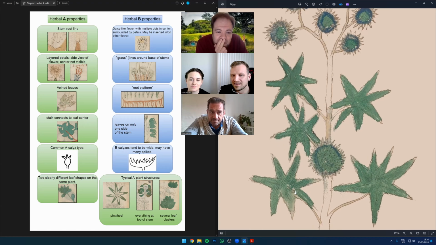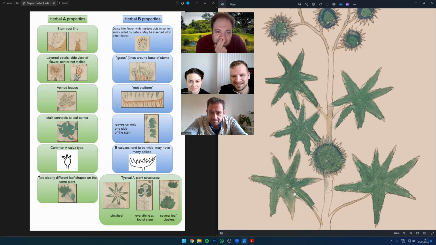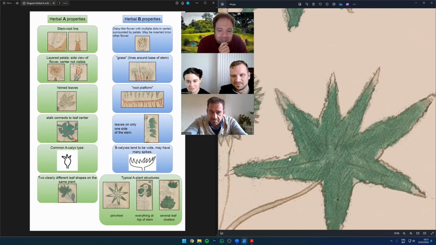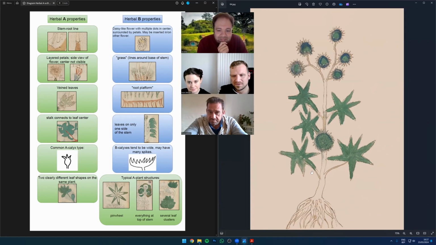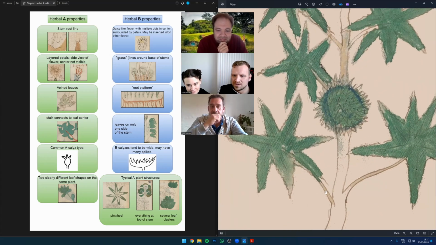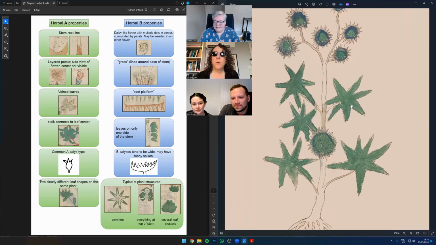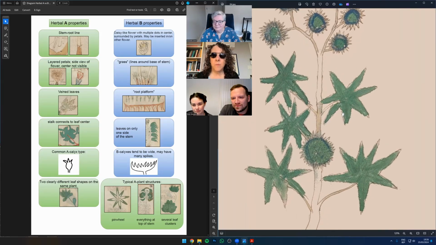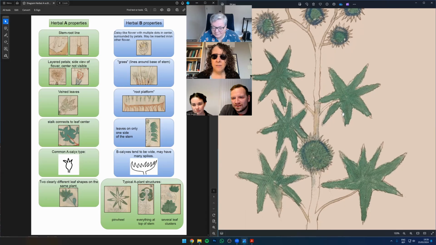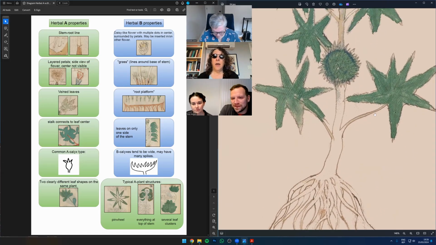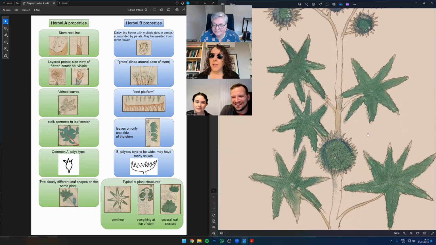Is that an A? Yes. Yep. Because of the centralized connection of plants. So the veined leaves. Veined leaves too. And it connects in the middle. Can you scroll down? You want to see the bottom? Okay. Bottom is nothing to see there.